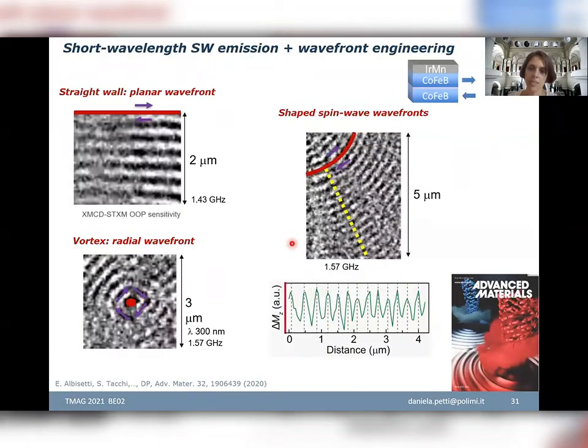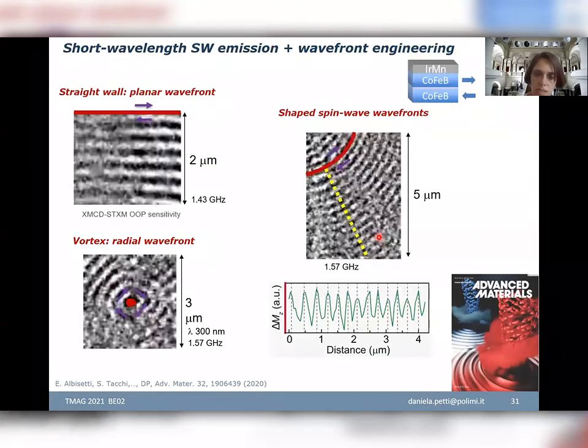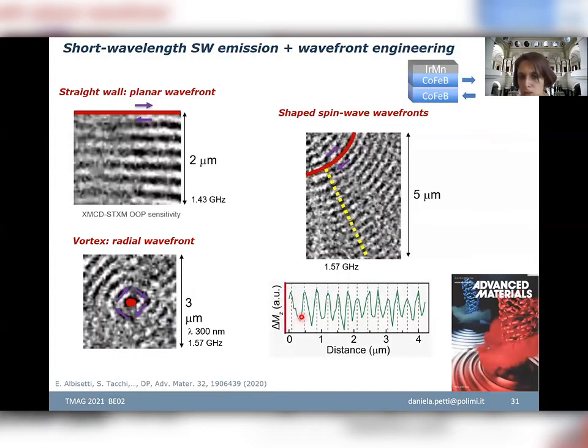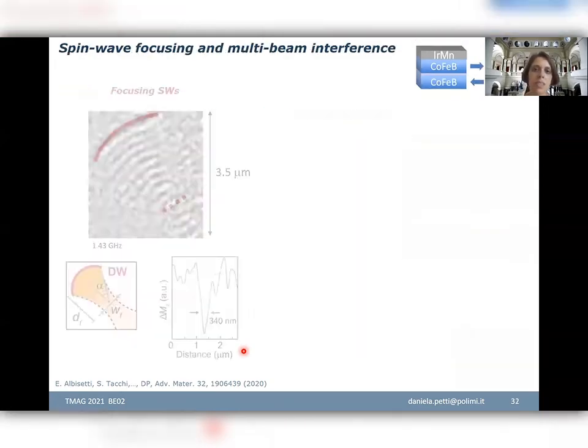In this synthetic antiferromagnetic system, the wavelength of the spin waves is very short, even at low frequency: 300 nanometers here at 1.5 gigahertz. And you can appreciate here, by measuring the amplitude of the variation of the Z component of the magnetization along this yellow line, that the spin waves are propagating along a distance corresponding to several wavelengths.